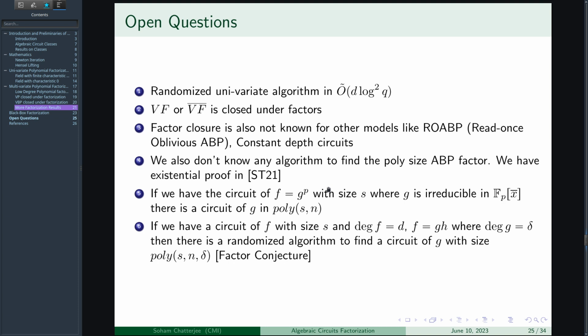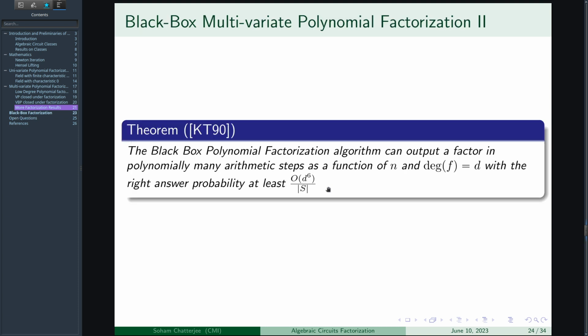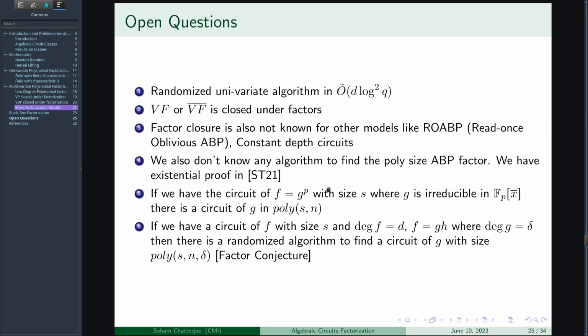Now, these are all the main factorization results we have found till now. There are many other results also, but these are the main ones to get started in this field. Now I will mention some open questions. We don't know if we can factorize a univariate polynomial randomly in O tilde of d log square complexity.